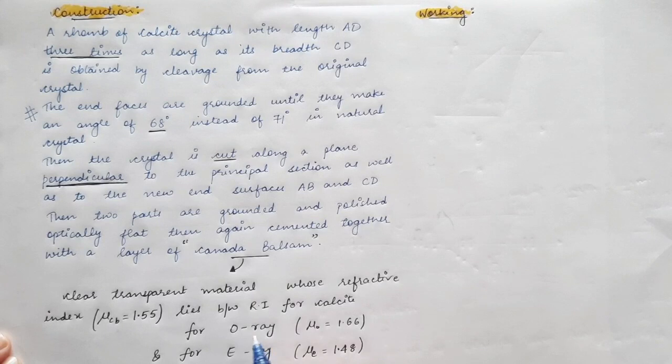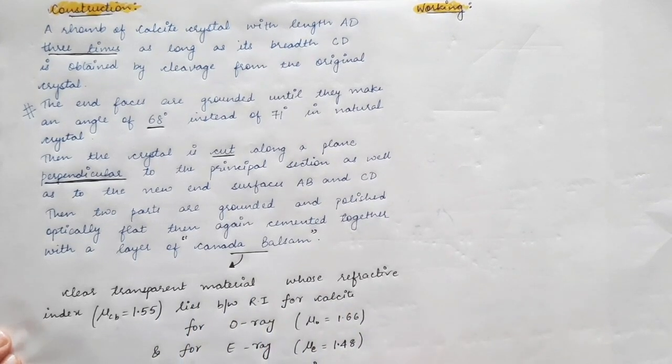The O ray has its polarization perpendicular to the principal section, and the E ray has its polarization in the plane of the principal section, so they have different refractive indices inside the same material. For Canada balsam the refractive index is 1.55, and these refractive indices are for sodium yellow light.